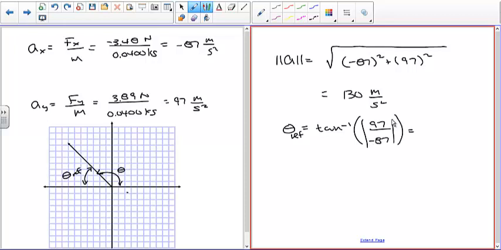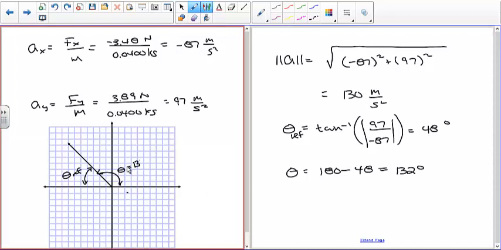So the inverse tangent of 97 divided by positive 87 is 48 degrees. And so the angle from the positive x-axis is going to be 180 minus 48, which is 132 degrees with respect to the positive x direction. So that's the answer.